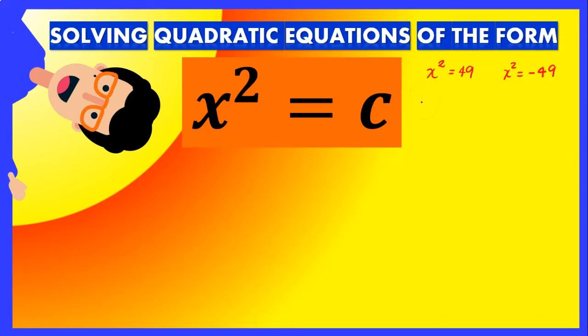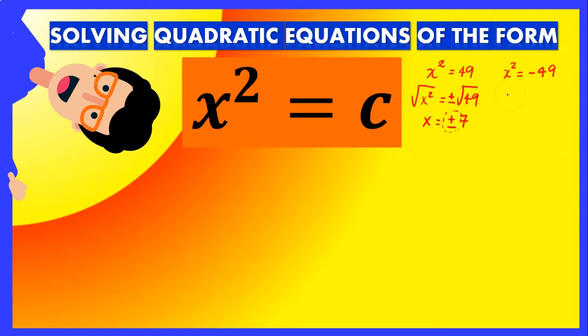When we're solving these types of problems, you have to know that if the number is positive and you take the square root of both sides, as you should, you always have to remember to put the plus and minus of the square root of the value of c. So in this case, we have x is equal to plus or minus 7, because the square root of 49 is 7. But you cannot forget about the positive and negative signs.